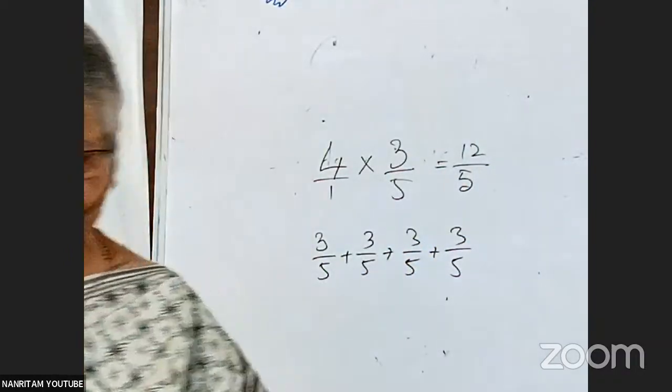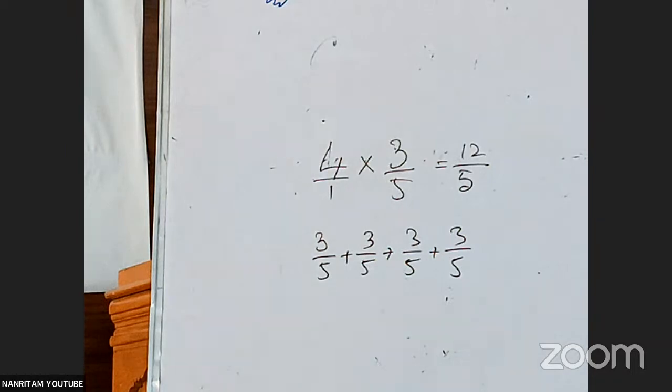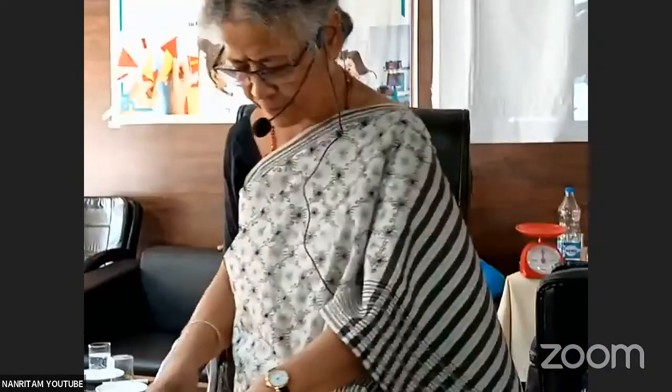But how to do that with an activity? 3/5, 4 times. What have I done?